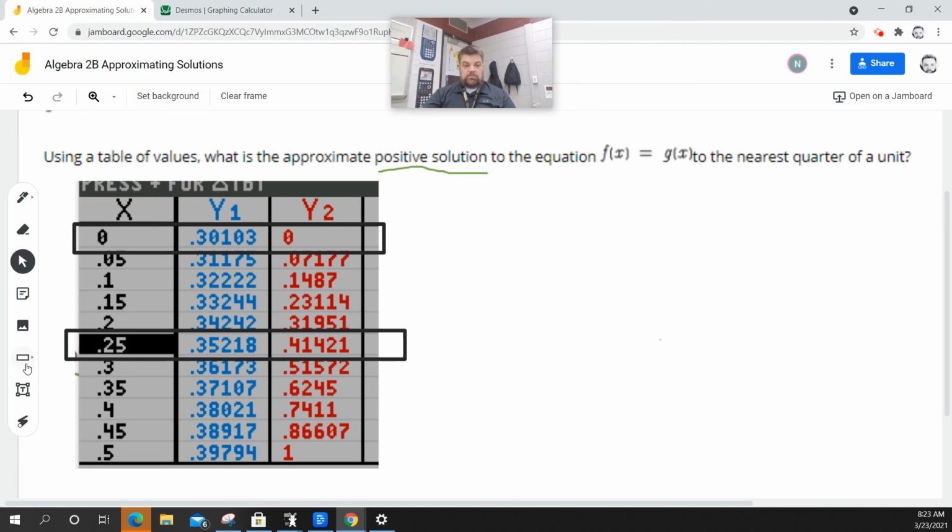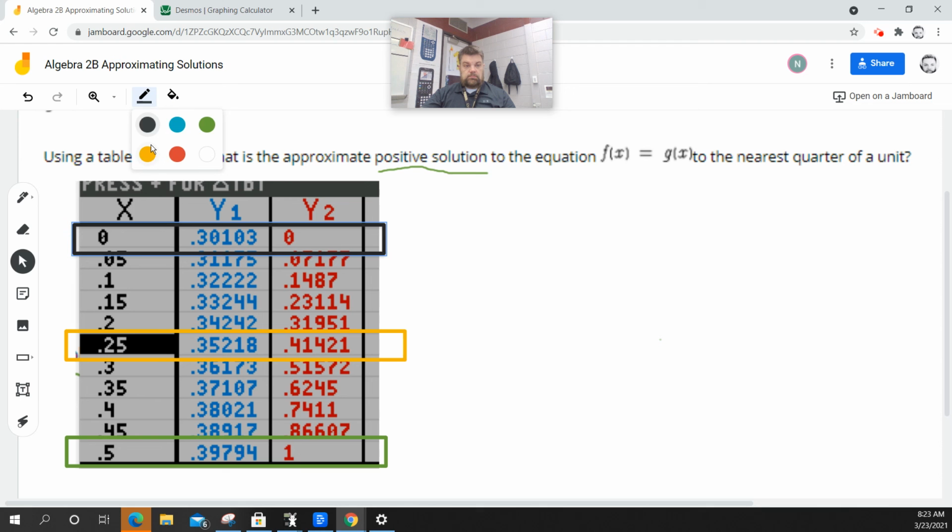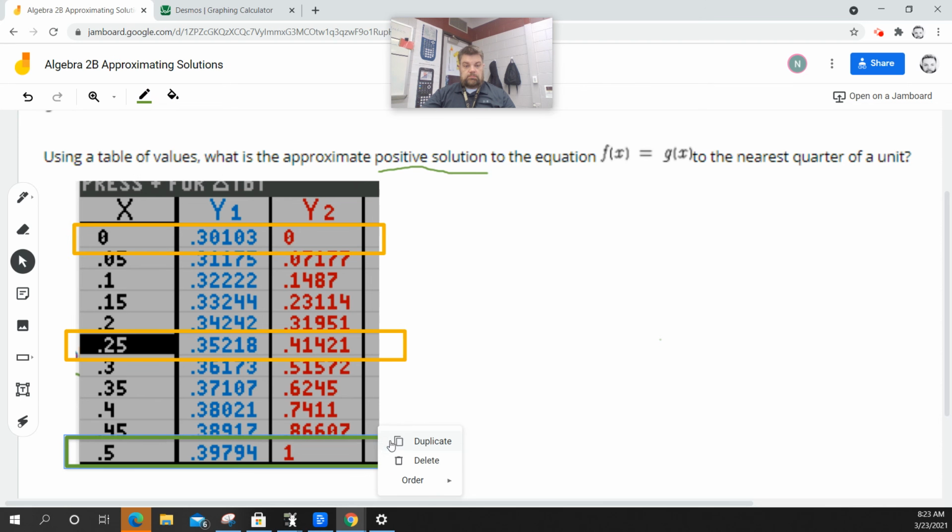And from here to here. Okay. So those are my quarter units.